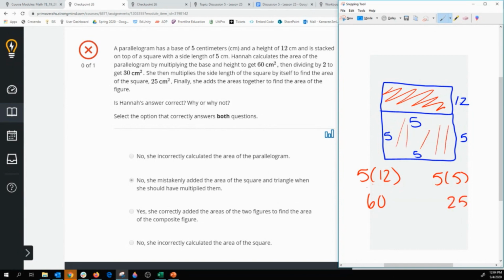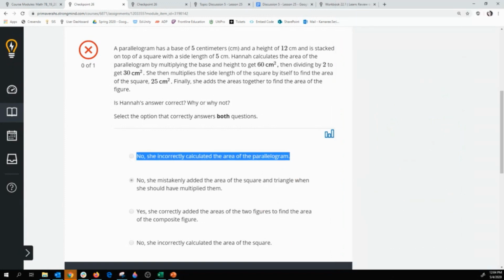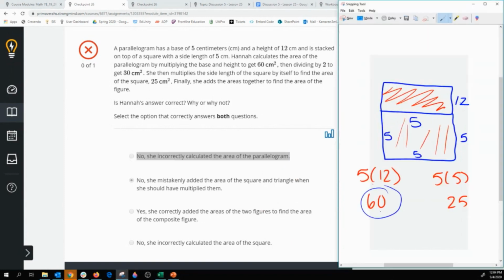But it looks like once she found this 60 centimeters here, she then divided it by 2. And when you divide by 2, you're finding the area of a triangle, not a rectangle. So she did not find the area of the parallelogram correctly, because she was perfect, and then she did one extra step that she didn't have to do.